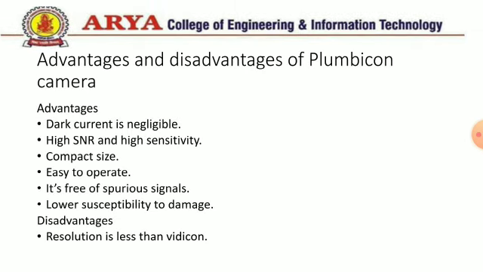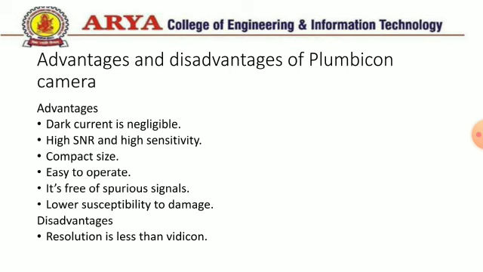Now let us see some advantages and disadvantages of the Plumbicon camera. First, dark current is negligible, which you might have seen in the Vidicon camera. It has very good SNR, and sensitivity is more compared to Vidicon.